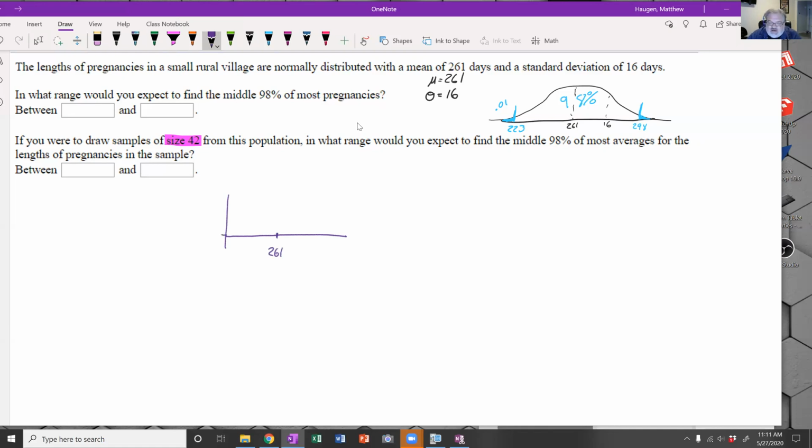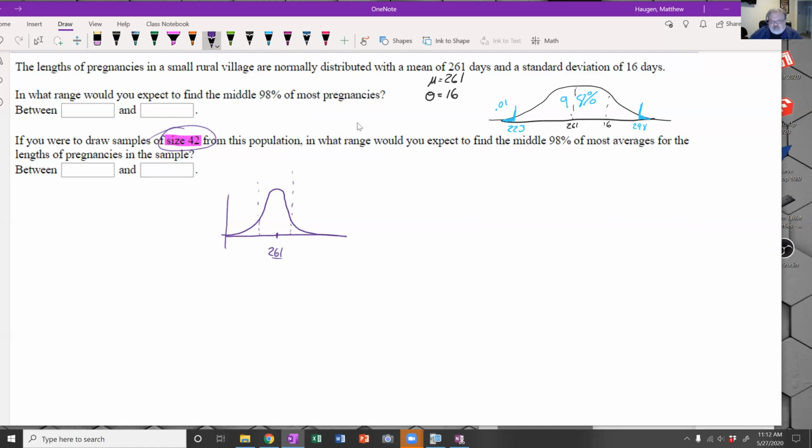But while it's still going to be 261, their value for the average of every 42 pregnancies that they look at is going to be much tighter, much more tightly distributed than the individual pregnancies. This average of every 42 pregnancies should be tighter than each individual pregnancy.